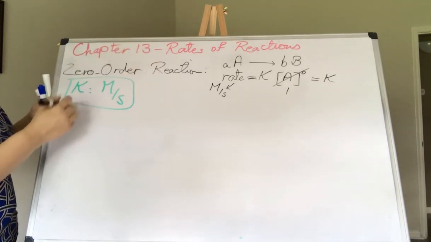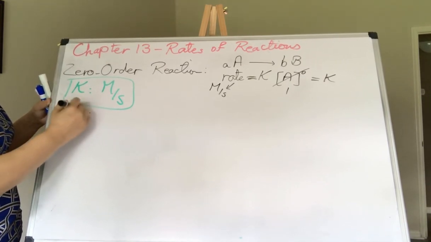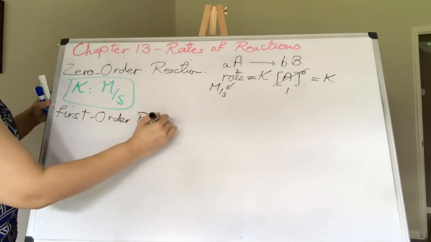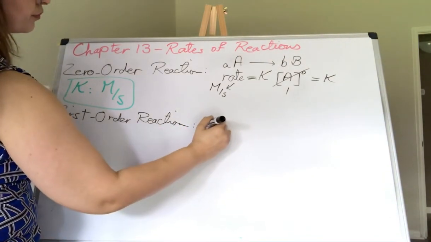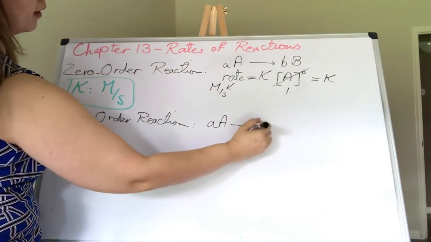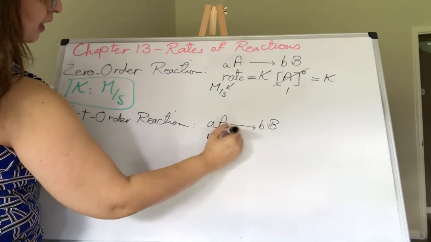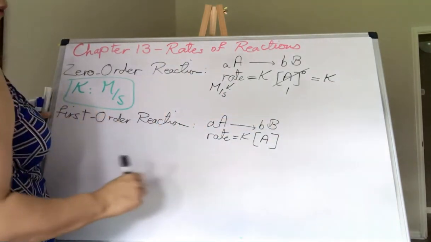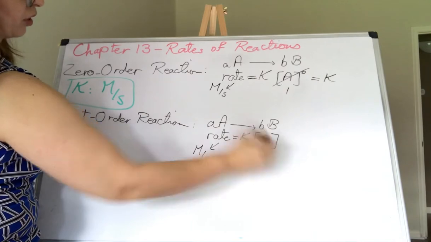From the formula, sorry. For a first order reaction, let's say you have A again, and the rate law is written as K times A. That's the first order, right? So you have molar per second, and here you have molar.